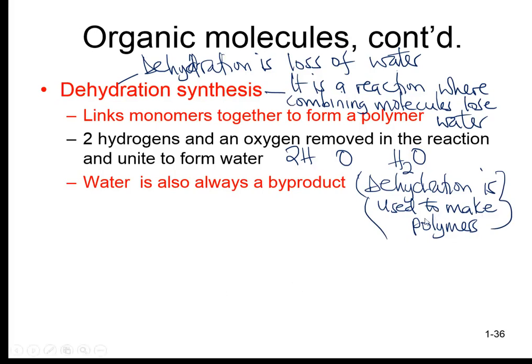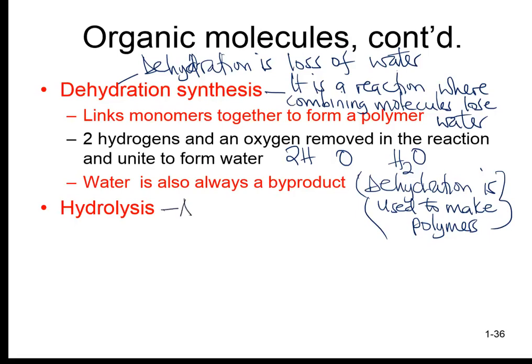But now, when you have a polymer and you want to make monomers, you use an opposite reaction. And this reaction is known as hydrolysis. So while dehydration is the loss of water, hydrolysis is addition of water to break something.